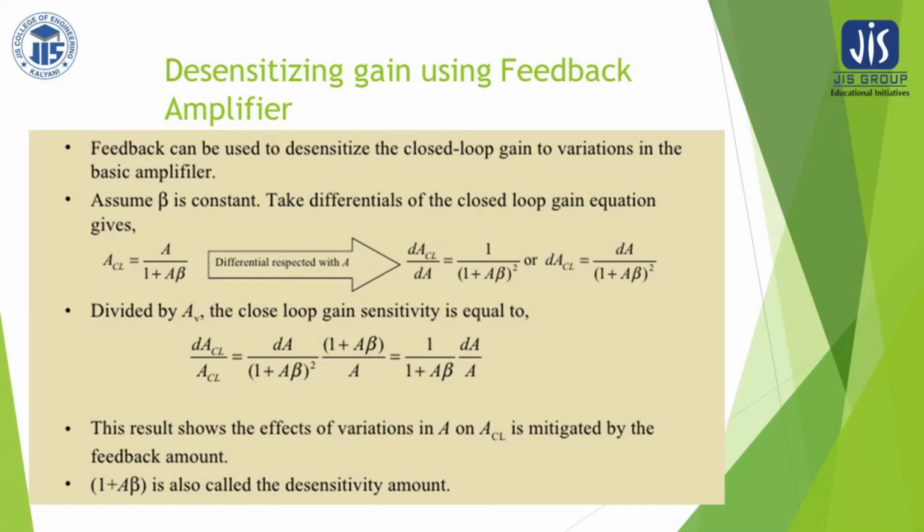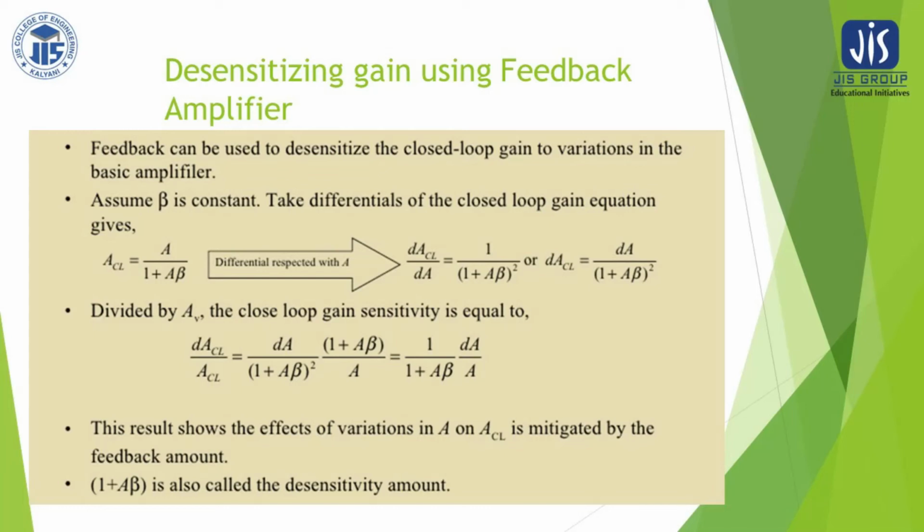We already have seen that using feedback, whatever gain we are getting is a reduction of the overall gain of the basic amplifier. So here we are getting a changing gain due to feedback, because this is the changing gain and this is the feedback amplifier gain.